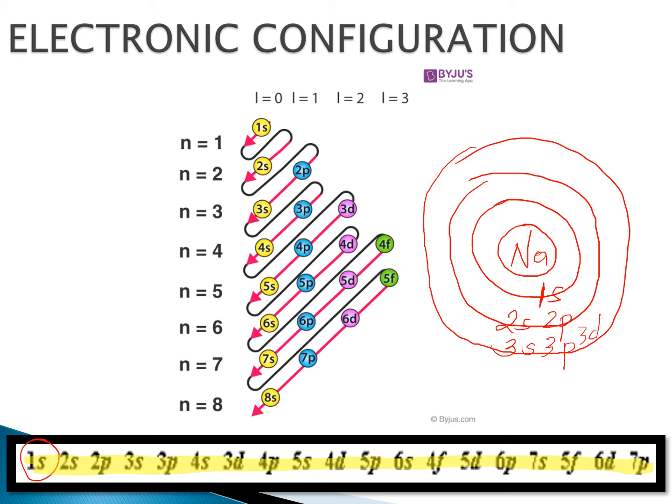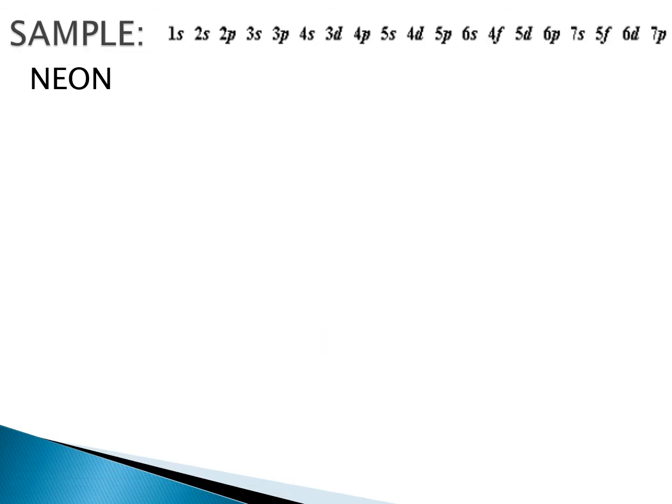Now, let's try to write the electronic configuration of the element neon. Take a look at your periodic table. Neon is element number 10, so the atomic number is 10. It means that the number of protons is 10.